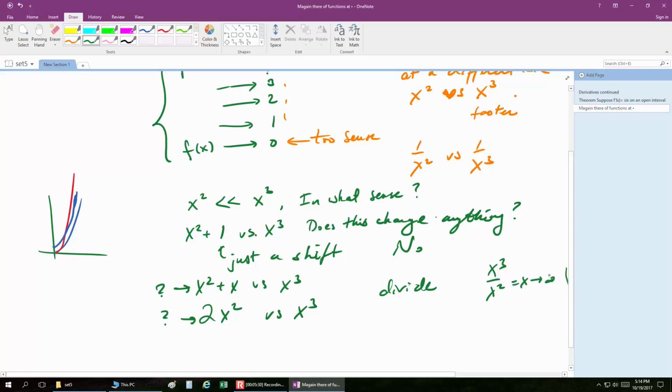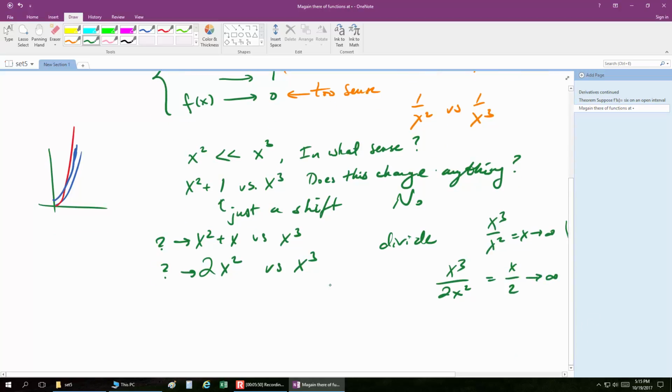You know that x cubed is more powerful, and not just by a shift, but by a ratio. The ratio goes to infinity, and it also applies to, say, 2x squared. It's x over 2, still goes to infinity. So once again, x cubed overpowers it.